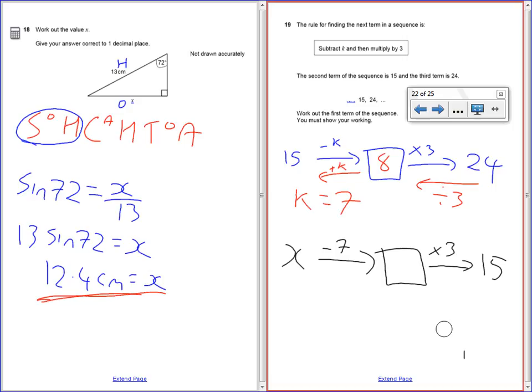So again, we're going to work backwards to work out what x must have been. So the number we multiplied by 3, that must be 5. And then what did we subtract 7 from? We must have subtracted 7 from 12. So x must equal 12. The first term is 12.